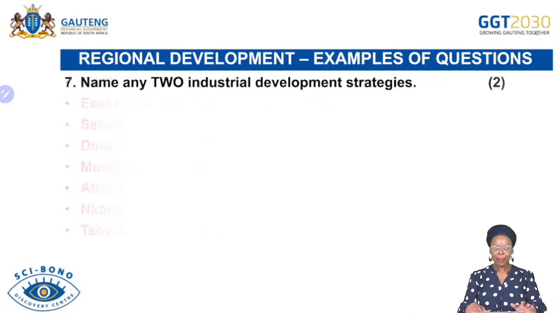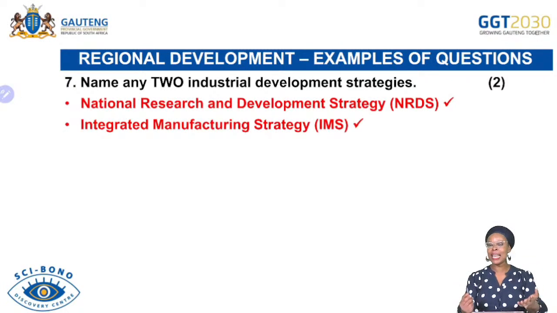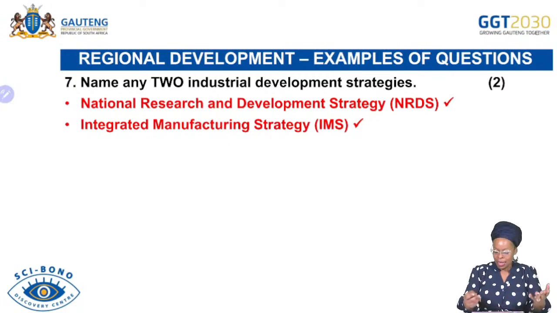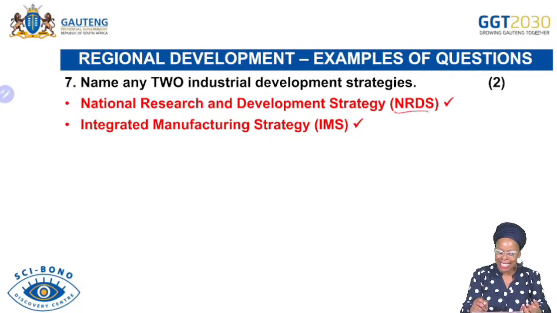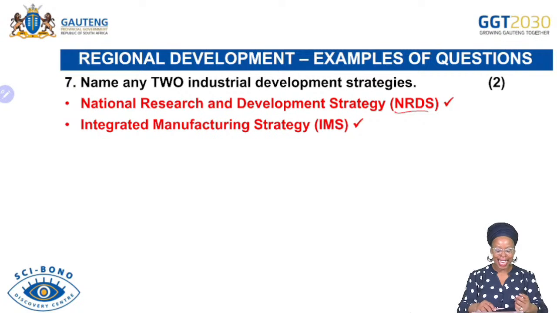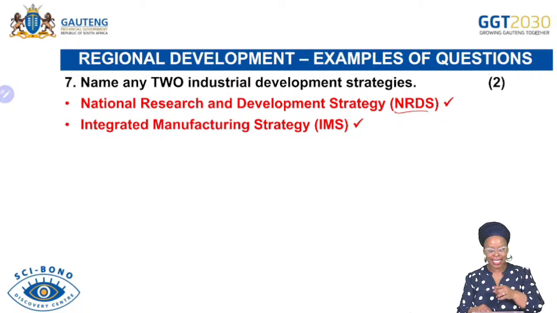I have other questions where you can be asked to name any 2 industrial development strategies. Abbreviations are allowed. You can write NRDS or National Research and Development Strategy. You can also write IMS or Integrated Manufacturing Strategy.